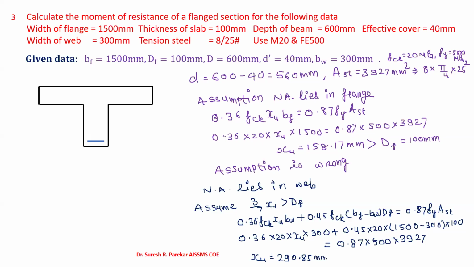But this value is greater than XU max, which is 0.46 into 560. And we have this value that is equal to 257.6 millimeters. So we have to consider XU equal to XU max, 257.6 millimeters.